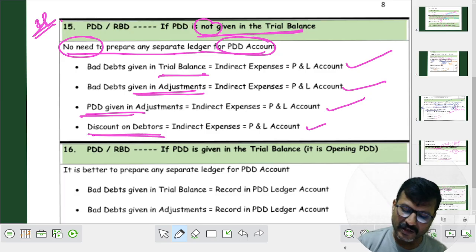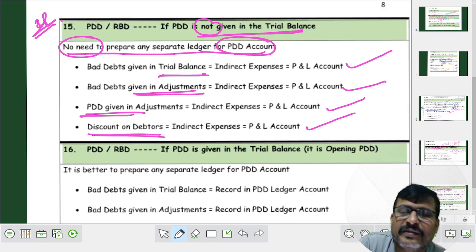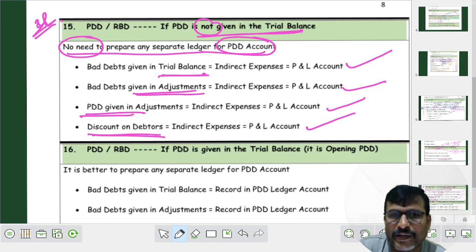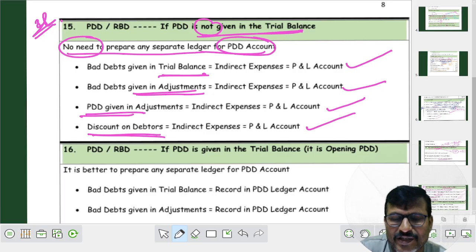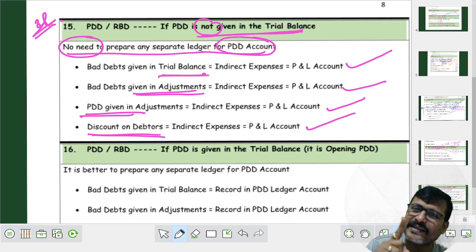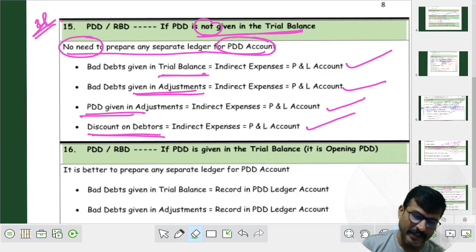Discount on debtors is also indirect expenses. So what I mean to say here is, take all the items of PDD, bad debts, discount, everything as indirect expenses. Remember, bad debts recovered not to be subtracted from debtors. How to remember? All are called indirect expenses. No need to prepare any ledger account.